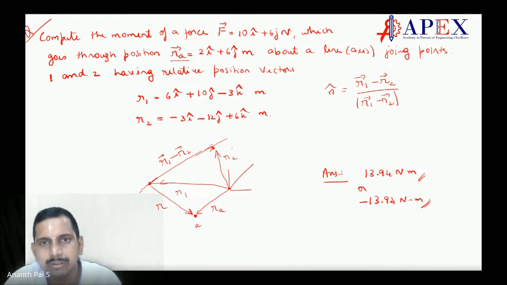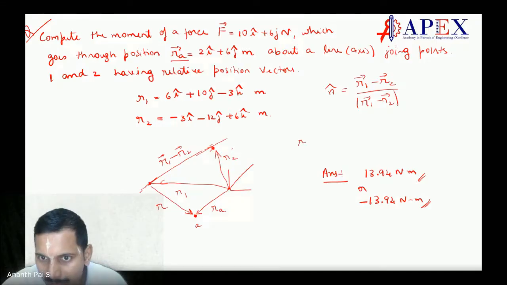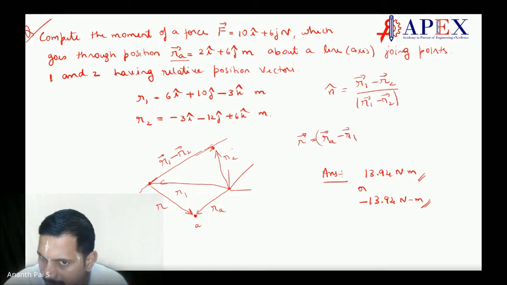If you go the other way around, you just get a minus sign. Don't worry. That is r.